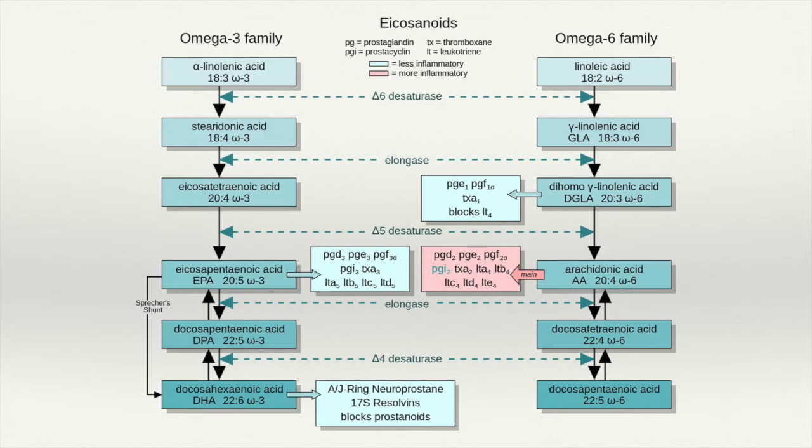On the right side, we have the omega-6 family, and the important thing to recognize is the arachidonic acid there. If you look at the pink box near the right side, you see the heading above, which says it's more inflammatory. So that's the trouble with the omega-6 fatty acids, is they can make arachidonic acid, which can make inflammatory prostaglandins.